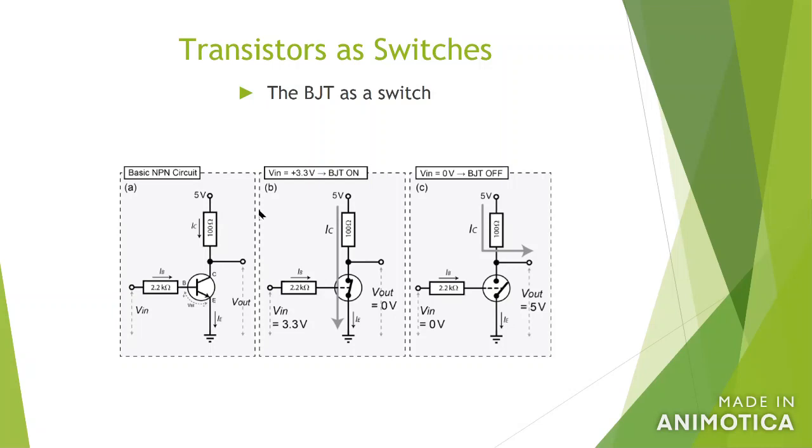So that means current can flow through C directly to E, which means we turn on the switch, right? If you consider C and E as a switch. And if we have a voltage of 0 on B, that means C and E can be considered as an open circuit, so we don't have any current flow from C to E.